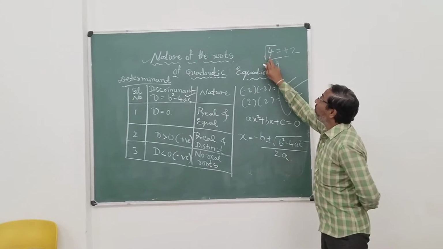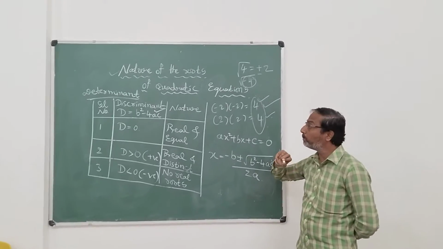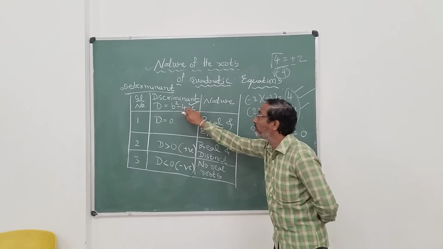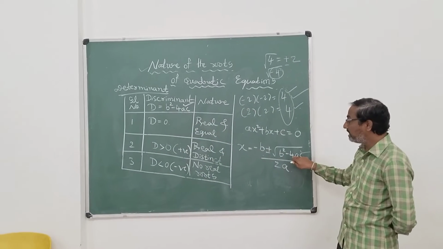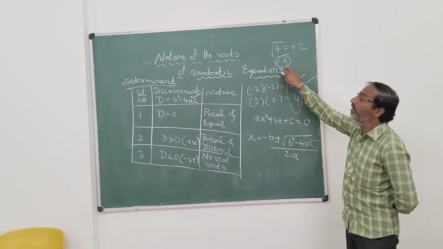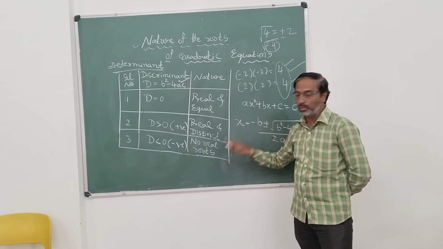Hence, the square root of a negative number does not exist. That's why we say that if b square minus 4ac, which is inside the square root, comes negative, then we will not get the answer. That's why we say that there are no real roots.